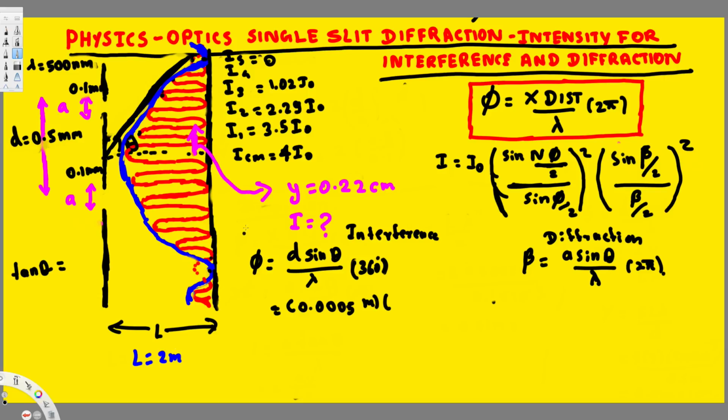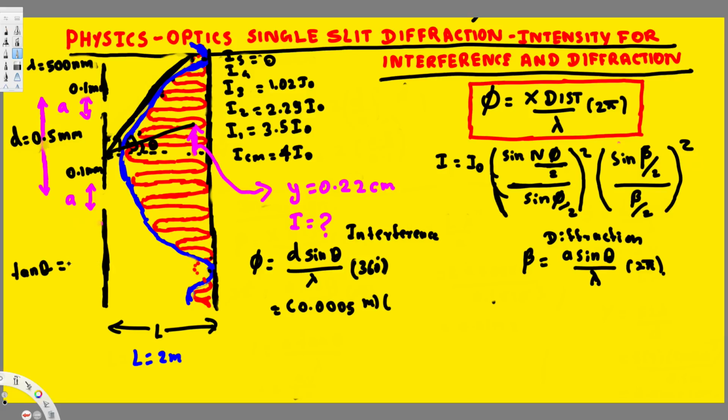We need an opposite distance, so we have to make up a number. We are only dealing with this distance, right? This y is equal to 0.22 meter. This is the one we are looking for, right? If we consider this theta, this height is 0.22.